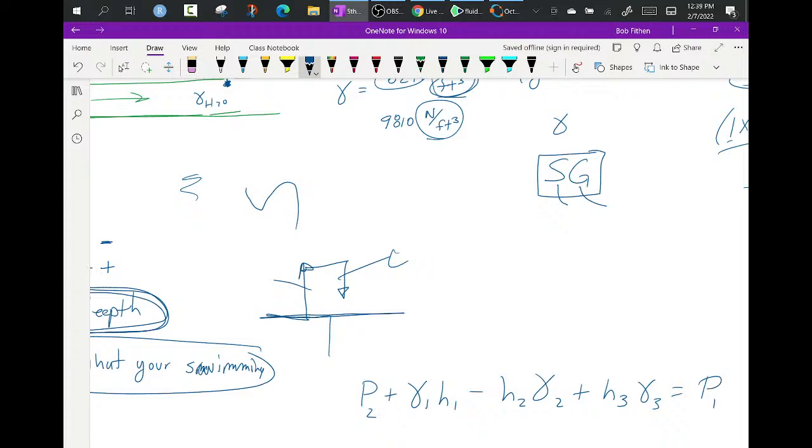So here, the story is: I went down through that fluid that far. Then I went up that far through that fluid. And then I went back down that far through that fluid. And then I arrived here at P1. That's all there is to it. There's nothing more to it.